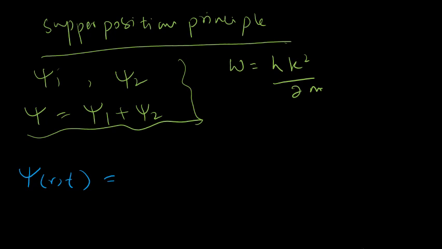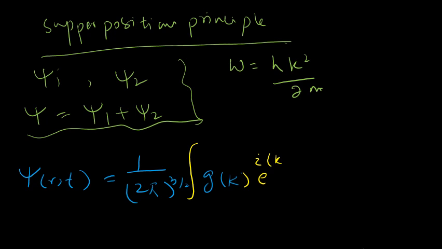The linear combination will be equal to 1 over (2 pi) to the power 3/2, times the integral of g of k e to the power i(k dot r minus omega t), where omega is a function of k, into d cube k.